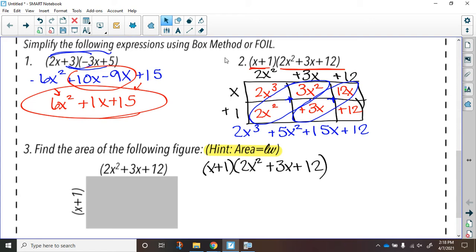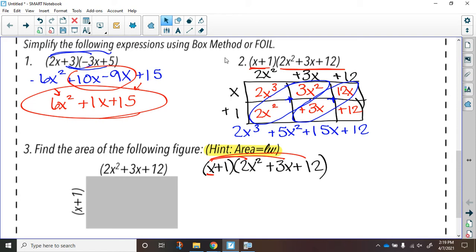Again, same problem as before, but now we're looking at it a little bit differently. So the first thing I'm going to do is take my x and multiply it by the 3 terms in the second set of parentheses.